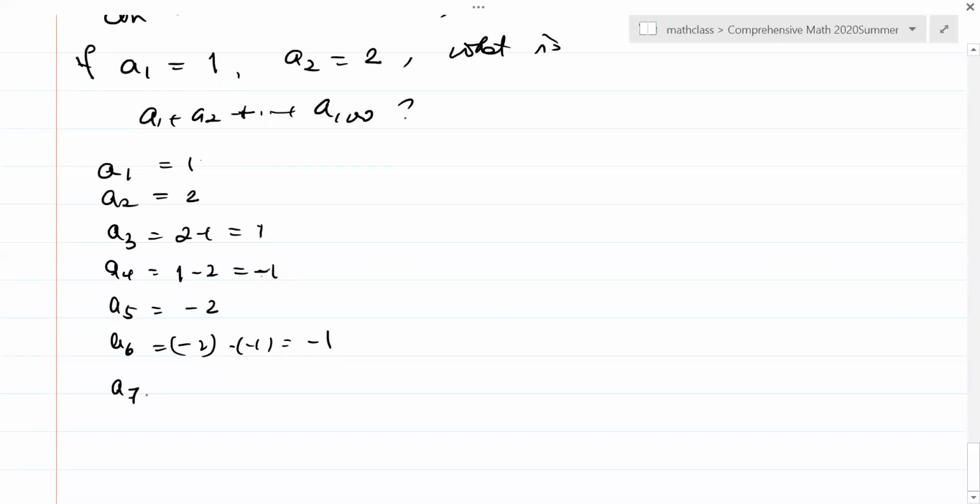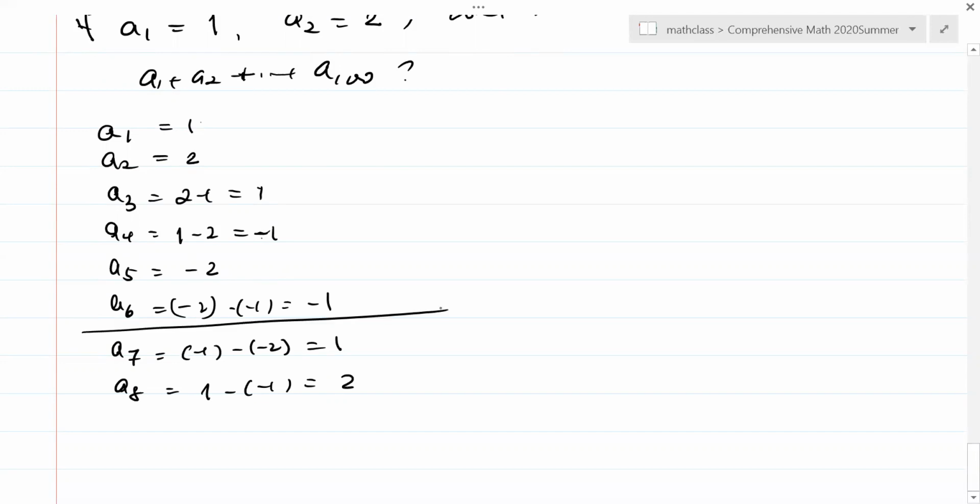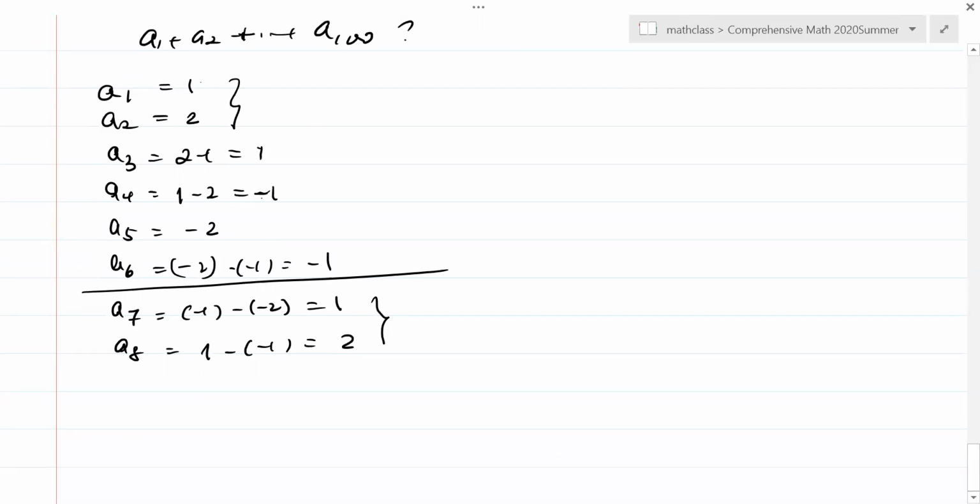Okay, let's try 7. a7 is going to be a6 minus a5, which is 1. Okay, a8 is the difference of those two terms, which is going to be 2. So I think this is a cut line. After that, you repeat the same, it begins 1, 2, again. Then you find the third term. So it's a periodic sequence, surprise.